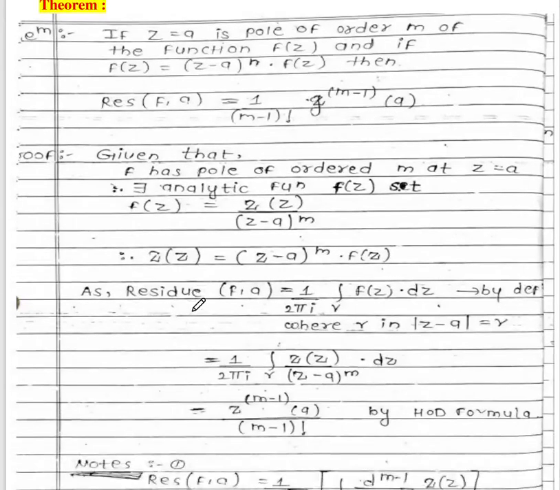To prove this theorem, we have given that f has a pole of order m at the point z equal to a. Therefore by using the definition, there exists an analytic function g of z such that f of z equals g of z upon (z minus a) to the power m, that is, g of z equals (z minus a) to the power m into f of z.